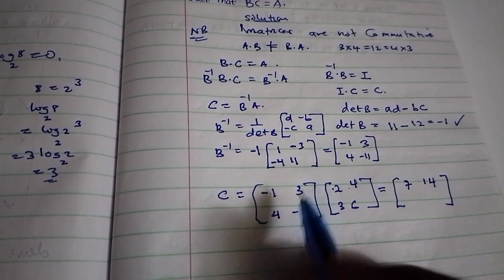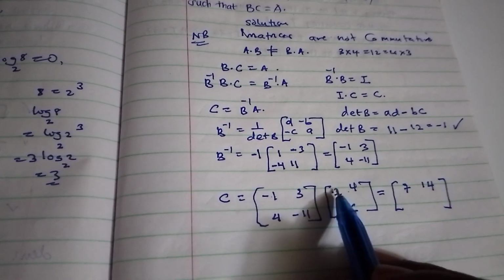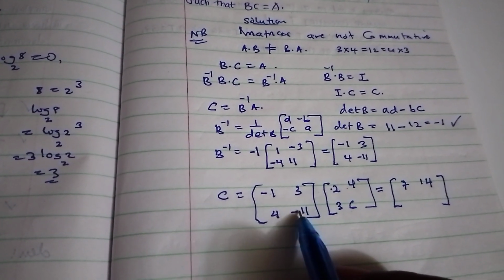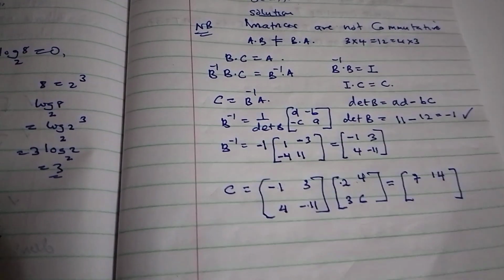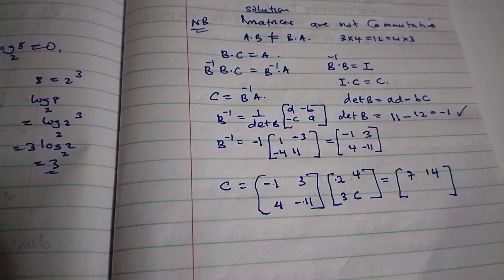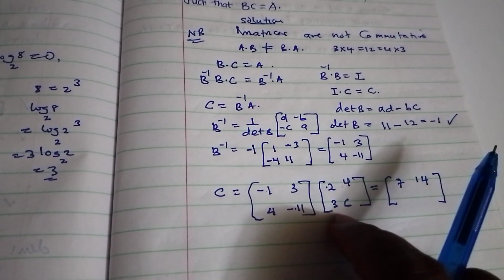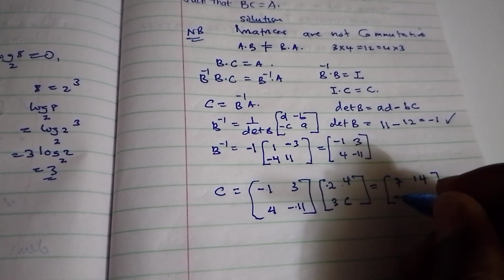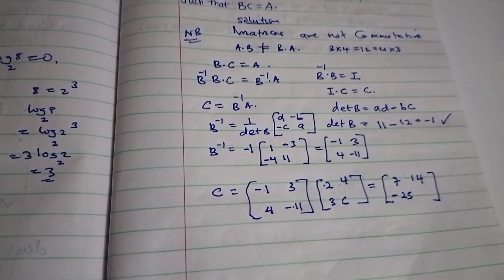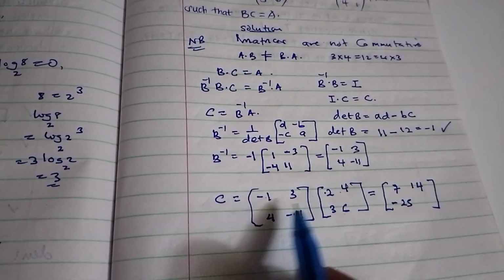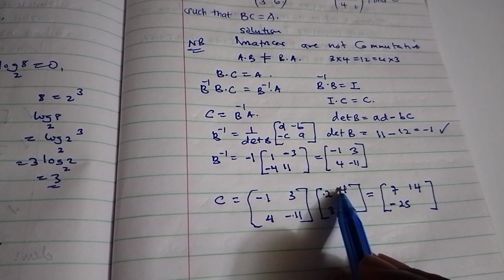Okay, 4 times 2, that is 8. Minus 11 times 3, that is negative 33. So we have 8 and negative 33, that is minus 25. Then finally 4 times 4, that's 16.